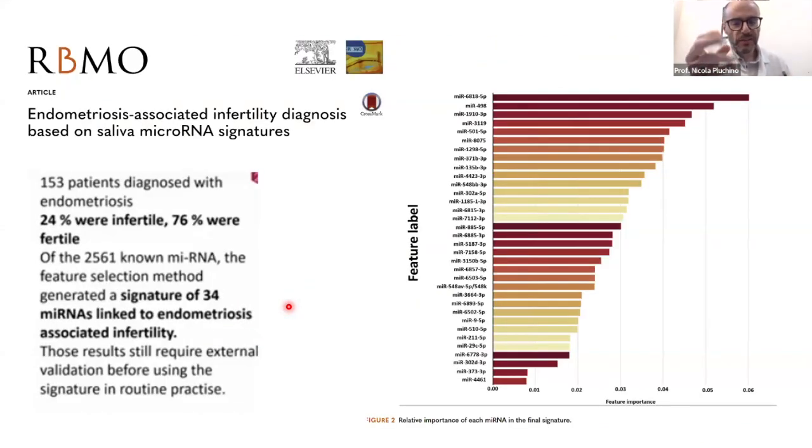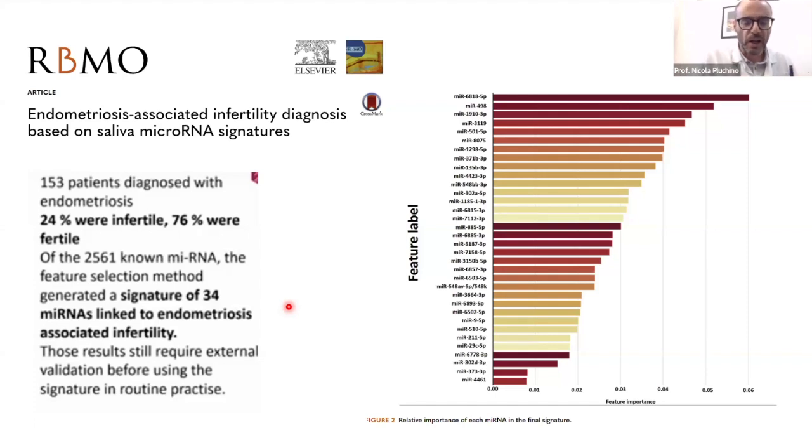But this is a tool that is, of course, based on the presence of symptoms for endometriosis, but it also offers the opportunity to look at a different scenario, a different pathway of potential treatment. And this is, for example, the opportunity to identify a signature not just for the presence of endometriosis, but for the presence of infertility associated with endometriosis.